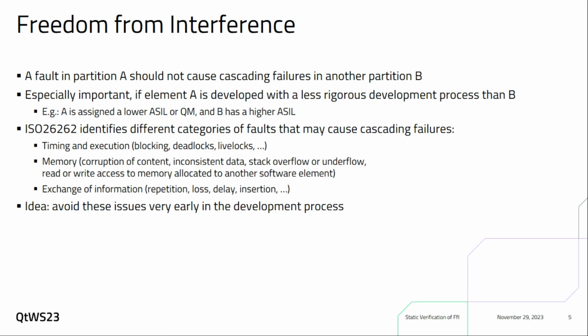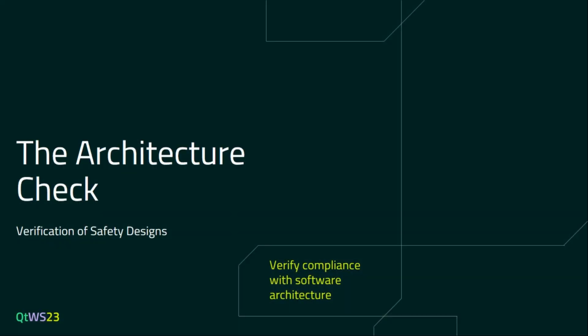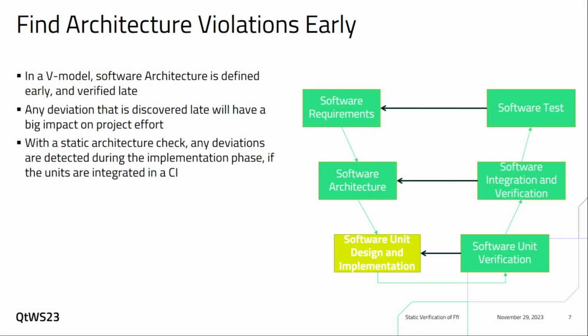So let me highlight this point. We want quite early in the development process to avoid these issues. So we're looking at a technology for verification of software architecture. If you follow this default V model for software development, you define software requirements early, you derive your software architecture, and start implementing units, software components.